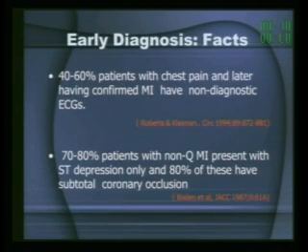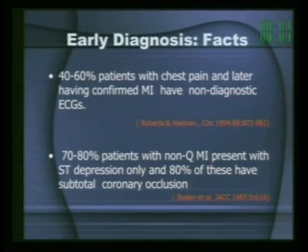Unfortunately, we have only one easily available modality to reach this diagnosis in the ER, and that is ECG. But ECG itself has several limitations. In almost half of the patients with non-ST elevation MI or unstable angina, ECG is non-diagnostic.